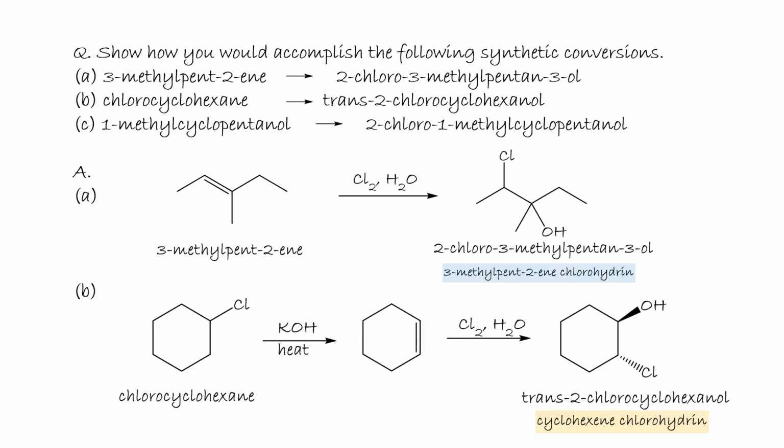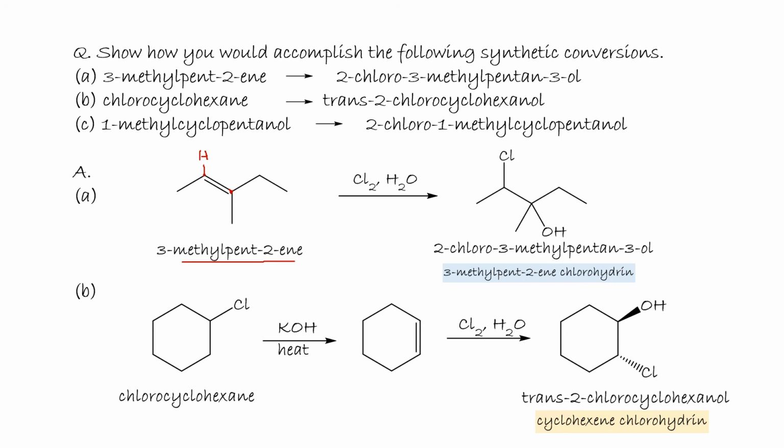Show how you would accomplish the following synthetic conversions: 3-methylpent-2-ene to 2-chloro-3-methylpentan-3-ol. This is the structure of 3-methylpent-2-ene. We have here a carbon double bond, where this one carries one hydrogen, and this carbon carries no hydrogen.